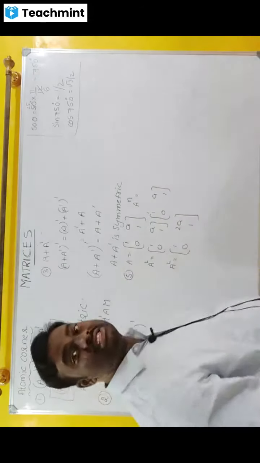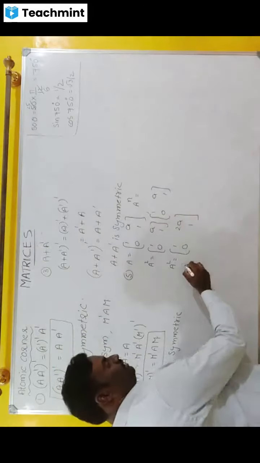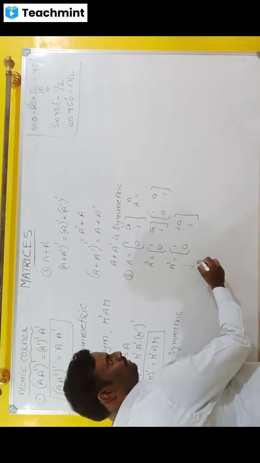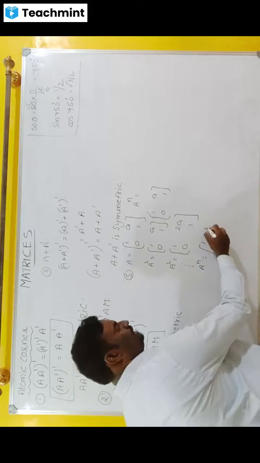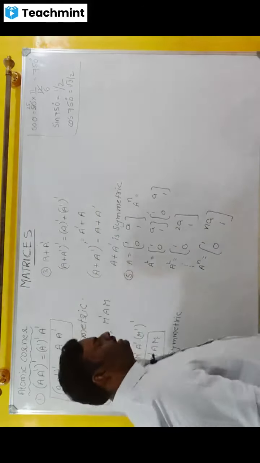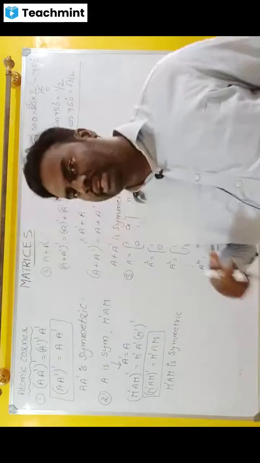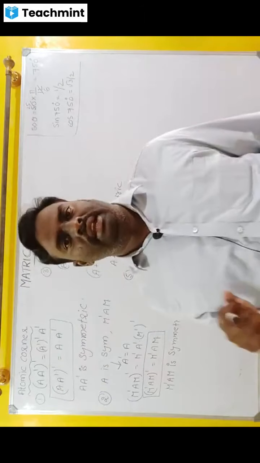This is A square, but we required A power n. If you apply this process, A power n is equal to 1, nA, 0, 1. This is the answer for question number 5. So we'll continue the remaining problems in the next class.